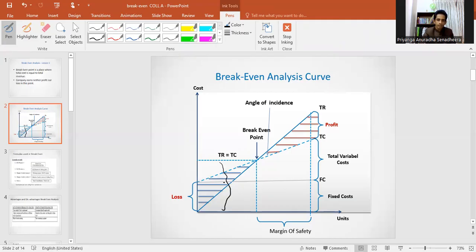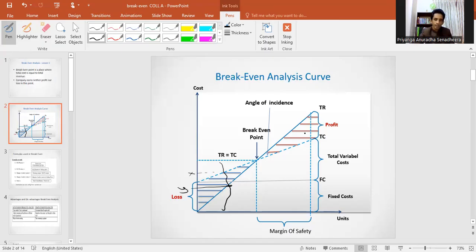On this line, you first meet the total revenue line, so the total revenue value will be like this here. But when you go further along the line, you meet the total cost line. So you can find the total cost here, X and Y. You can see total cost is higher than total revenue, so you can easily understand it is a loss area up to here. So here is the break-even point.